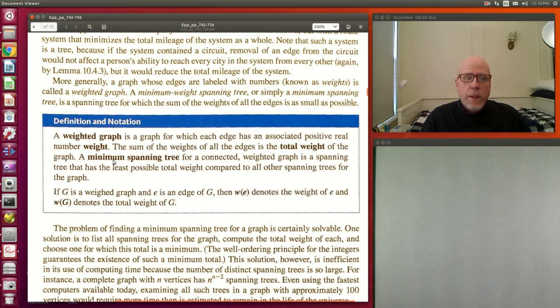That's the thing we're minimizing when we find a minimum spanning tree. It's a spanning tree, a connected acyclic graph whose nodes cover all the original graph's nodes. If it has the least possible total weight, that's what makes it a minimum spanning tree.